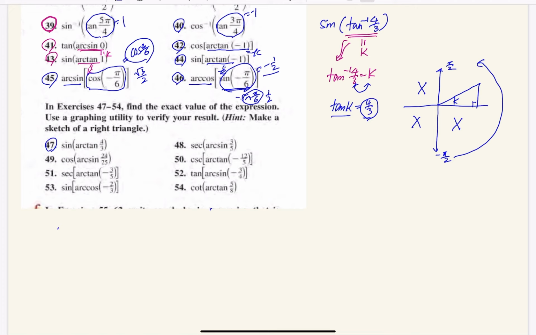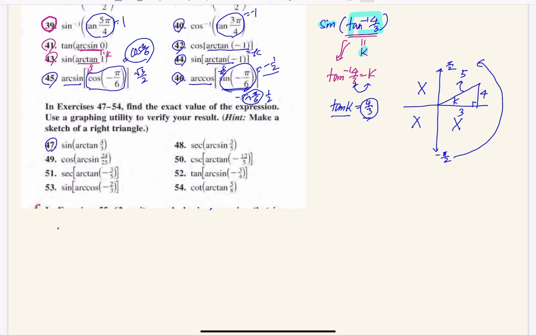All right, and then use the ratio of tangent K, 4 over 3, opposite over adjacent. So according to the Pythagorean theorem, the length of the hypotenuse should be 5. Okay, and we are looking for sine of tangent inverse 4 over 3. We already substituted K for tangent inverse 4 over 3.